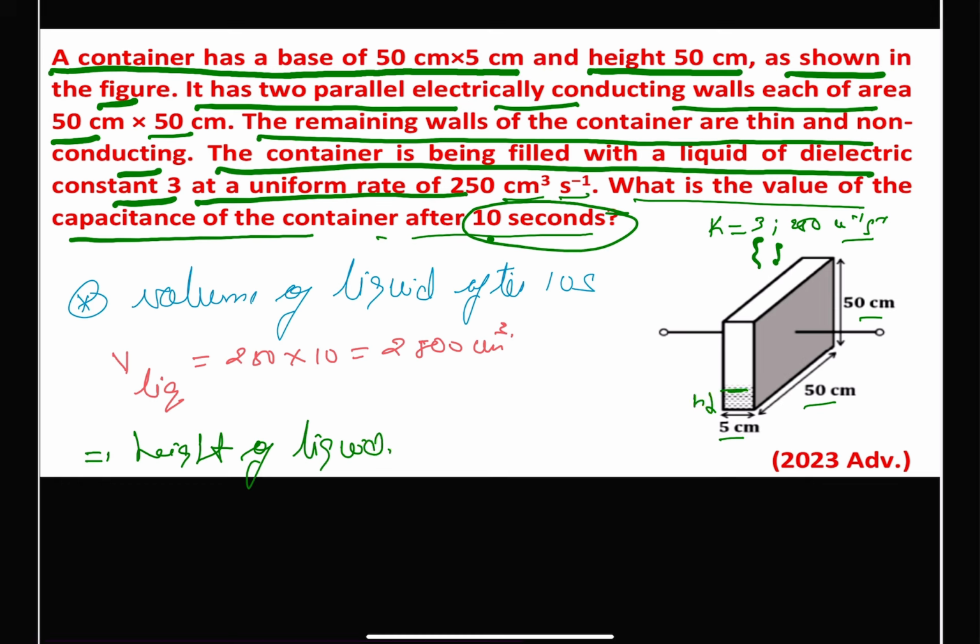So height of the liquid h is equal to volume, that is 2500, divided by 50 into 5, which is 250, giving us 10 centimeters. So the height of the dielectric will be 10 centimeters. Okay, so something like this.